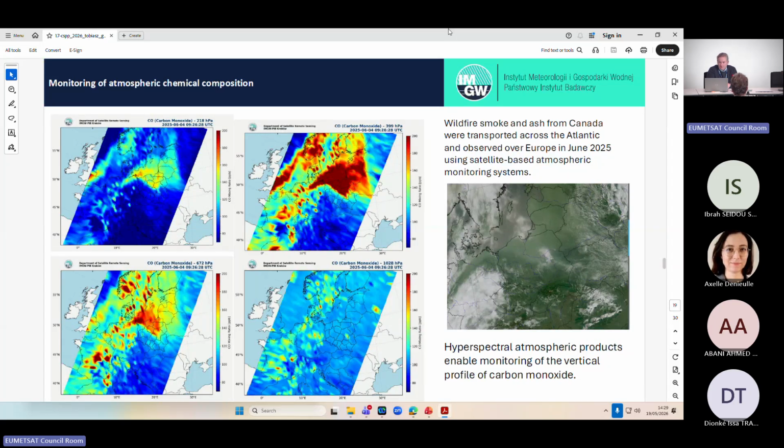This is probably because of the smoke and ash from Canada, which were transported across the Atlantic, and we can observe this in our institute. Hyperspectral atmospheric products enable monitoring of this smoke and ash, and we can even observe a vertical profile of this carbon monoxide.